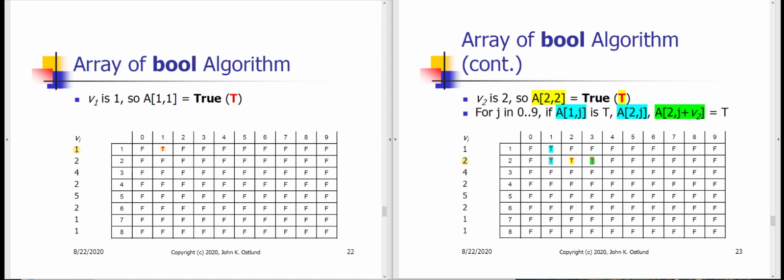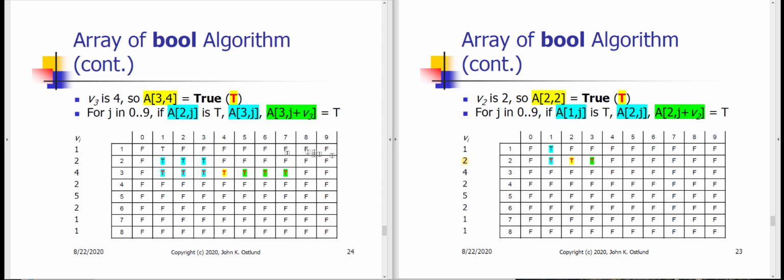So by just using the single item value of 1, the only value we could achieve is 1. But now, by also using the item value 2, we can still achieve 1. Obviously, we can achieve 2 because that's our current item value. And furthermore, we can achieve 3 because that's equal to 2 plus the 1 that was true in the previous row.